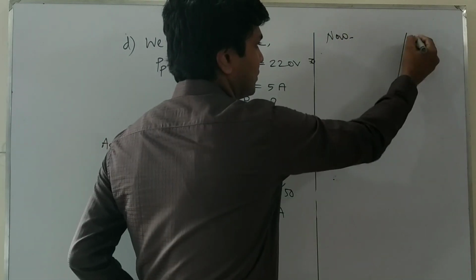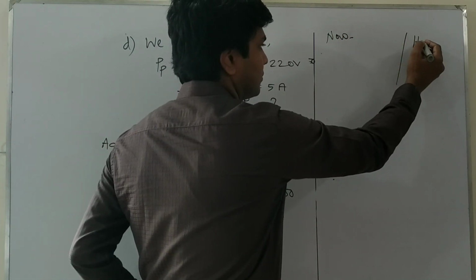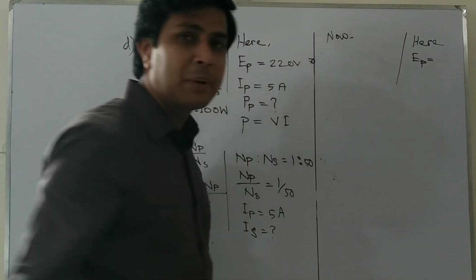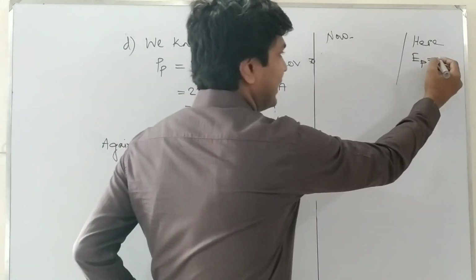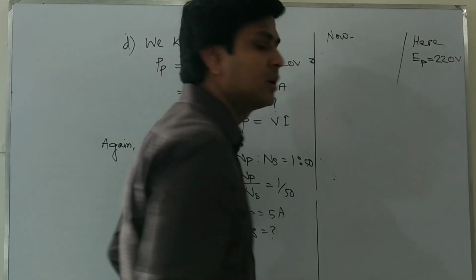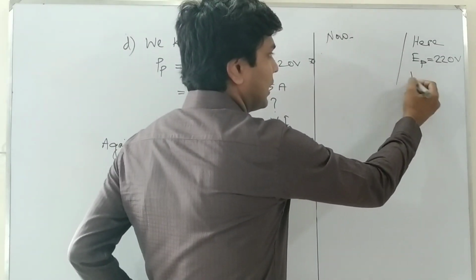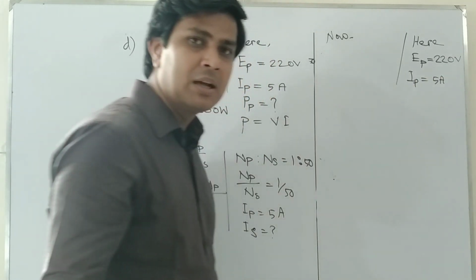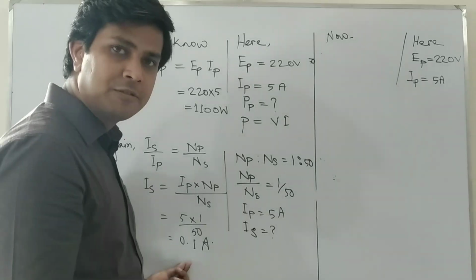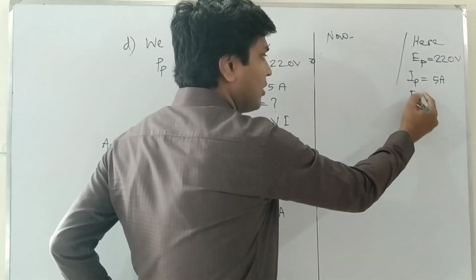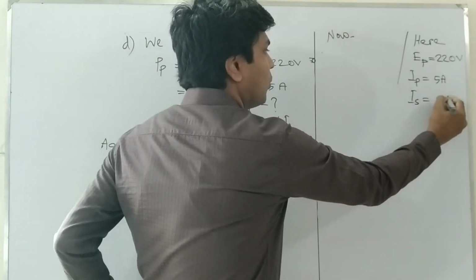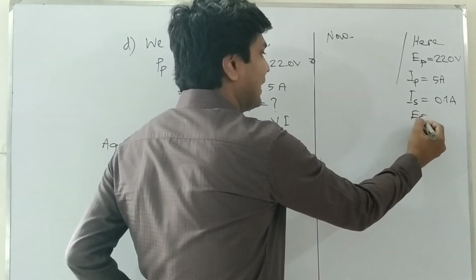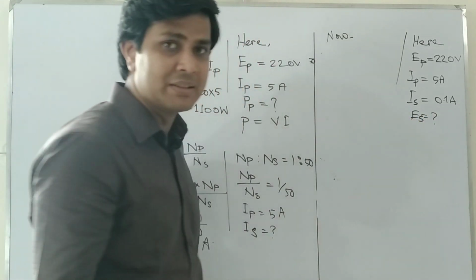Here the voltage of the primary coil is given as 220 volt, the current of the primary coil is 5 ampere, and we already calculated IS, the current of the secondary coil, as 0.1 ampere. So what will be the voltage of the secondary coil ES?